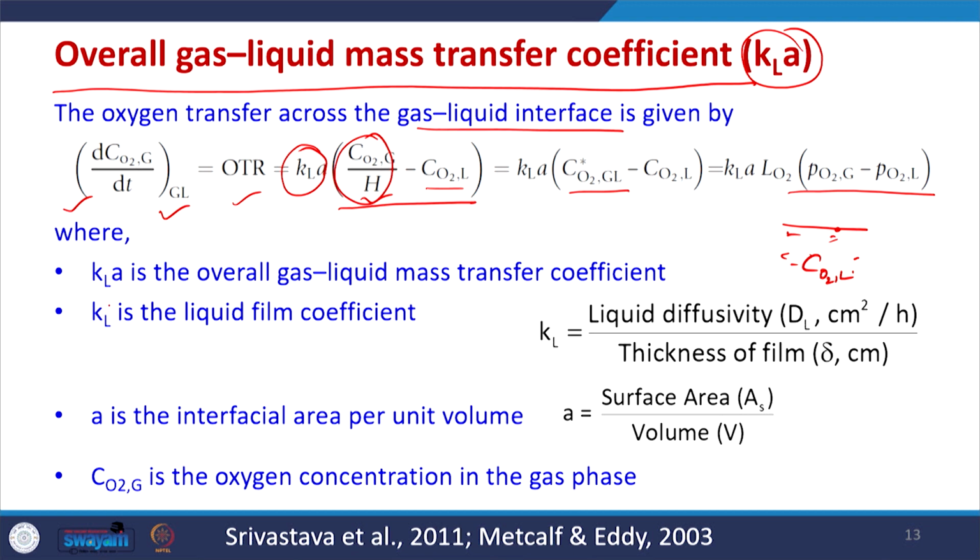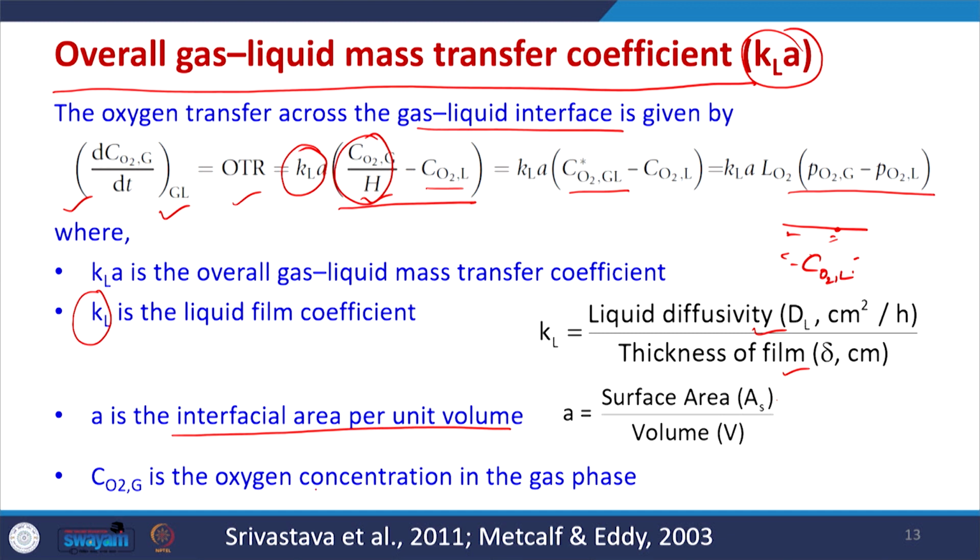KL itself is the liquid film coefficient, and it is found by determining the liquid diffusivity and dividing it by the thickness of the film. So, this is KL. A is the interfacial area per unit volume, so this is surface area per unit volume.